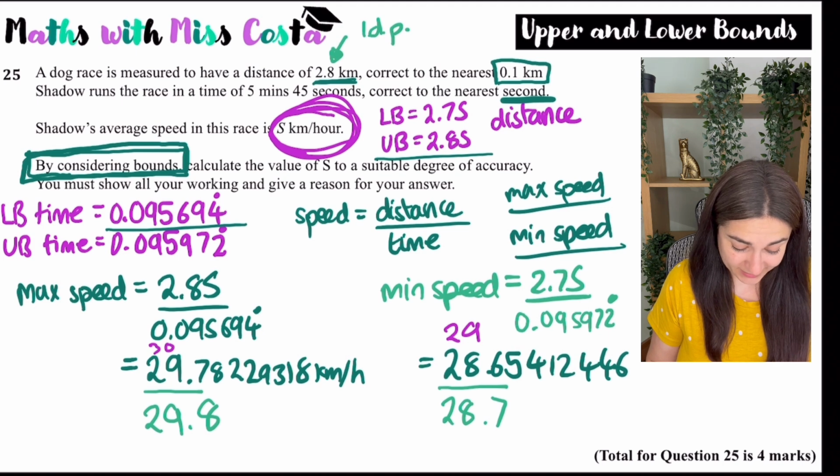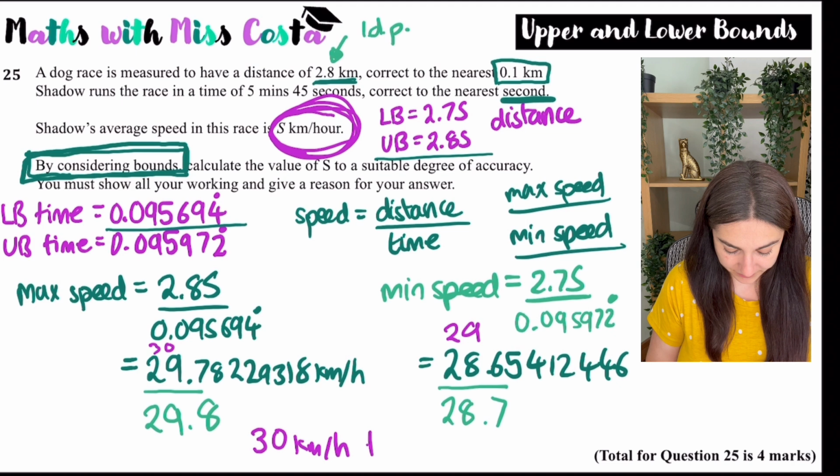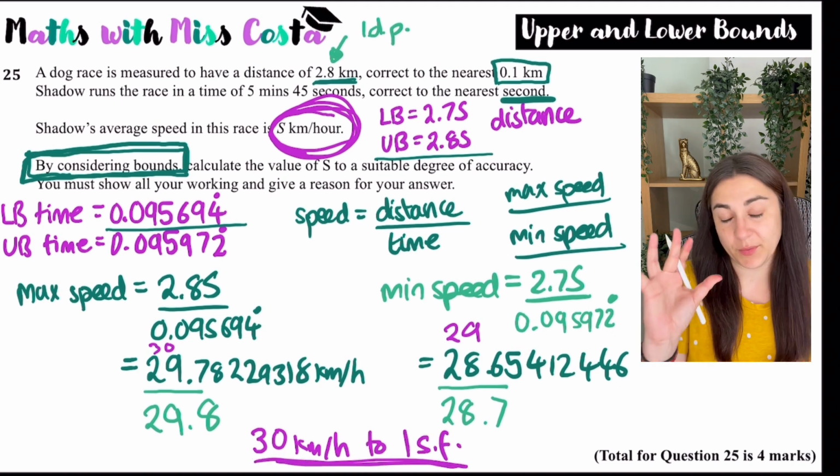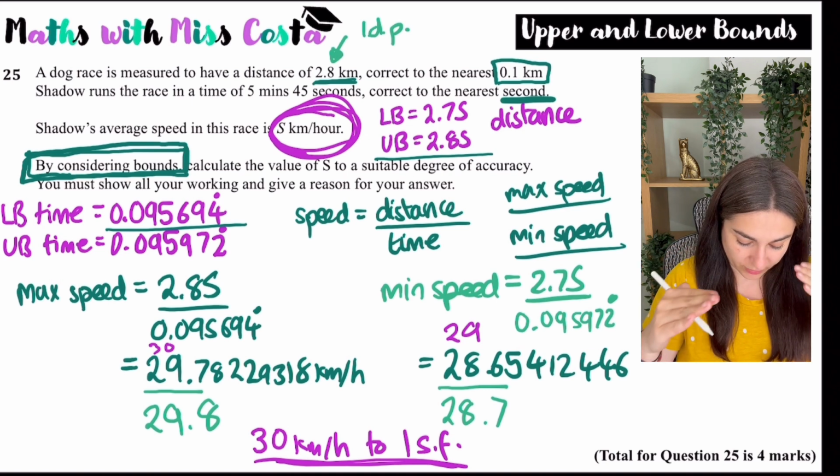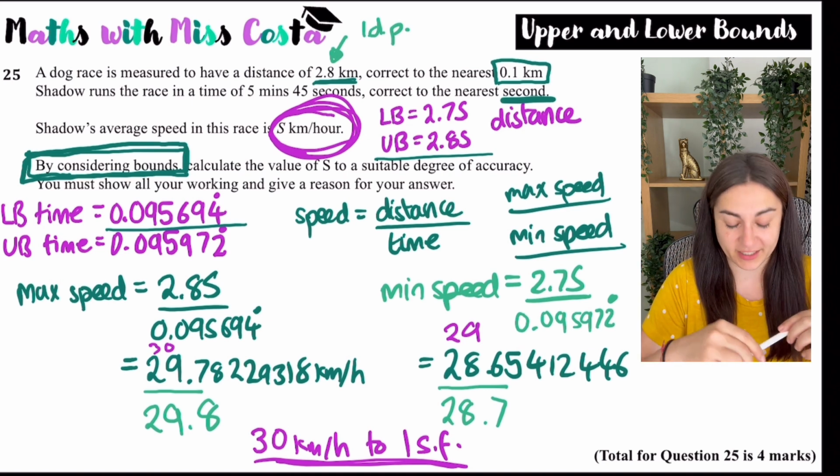So I'd have to actually round it to one significant figure. So I'd say 30 kilometers per hour to one significant figure. And if you had the other two values, you would have just got two values in between and you would have come to a similar conclusion.